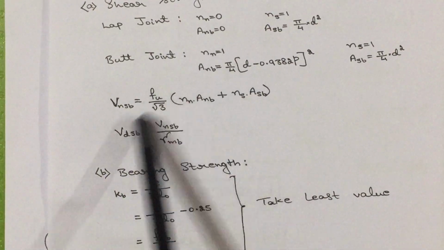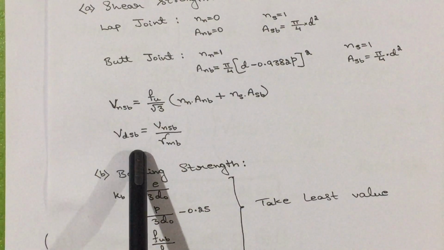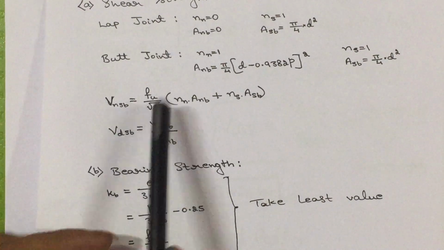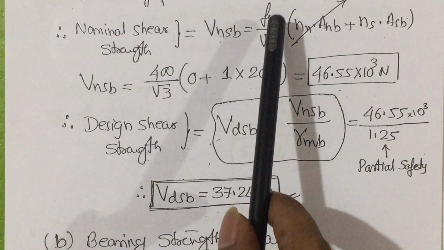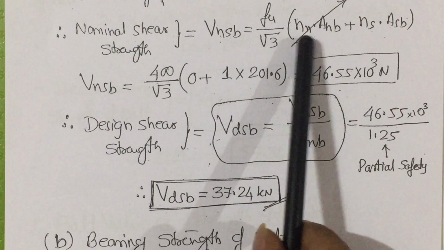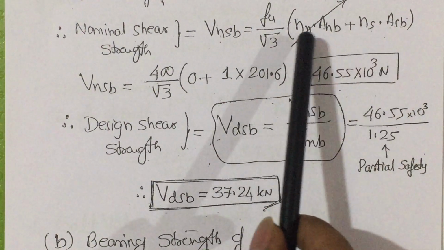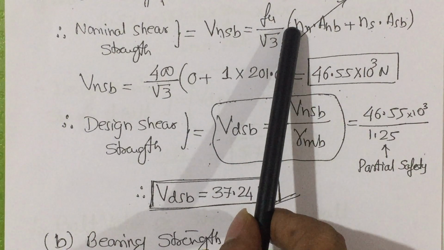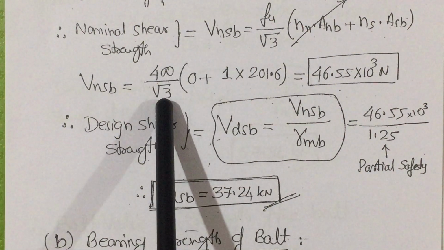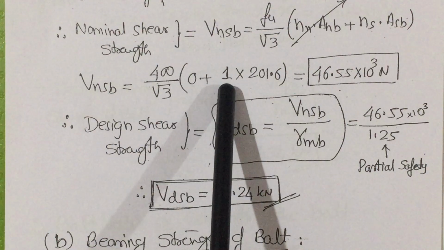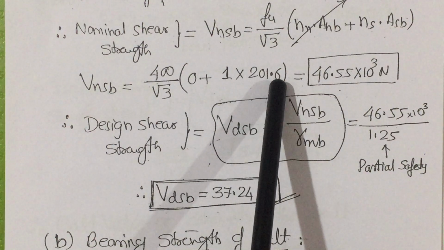Once you calculated that, then we need to calculate VNSB, VDSB. The formula is here. VNSB is given by FU by root 3 into NN into A and B plus NS into ASB. NN is 0, so that term will become 0. Substitute these values. FU is 400 by root 3 into 0 plus NS is 1, ASB is 201.6.